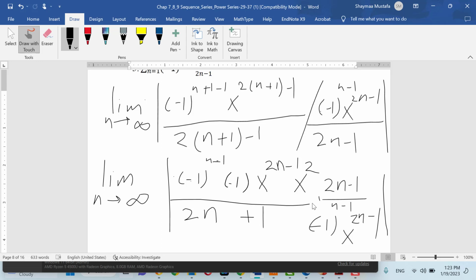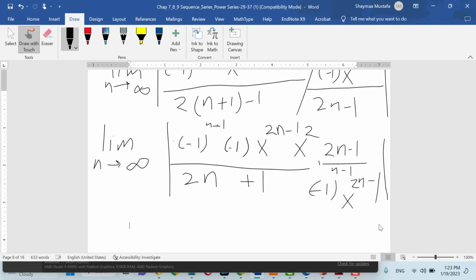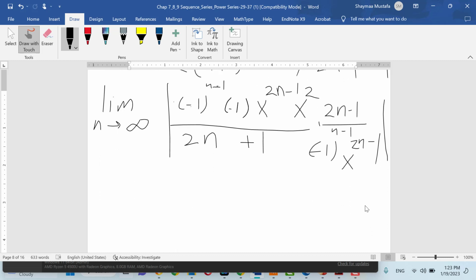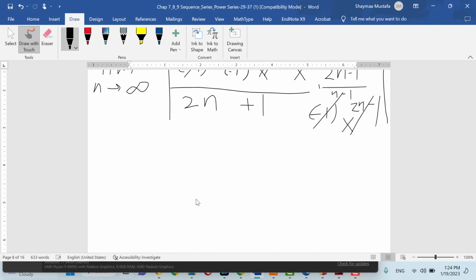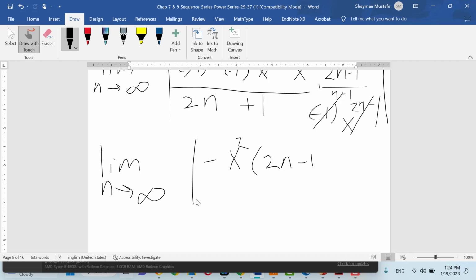I changed the division to multiplication and flipped, so 2n minus 1 is on top, and minus 1 to the power n minus 1 times x to the power 2n minus 1 is below. Now we can eliminate these terms, minus 1 to the power n with minus 1 to the power n. So we have the limit as n goes to infinity of minus x squared times 2n minus 1 over 2n plus 1.